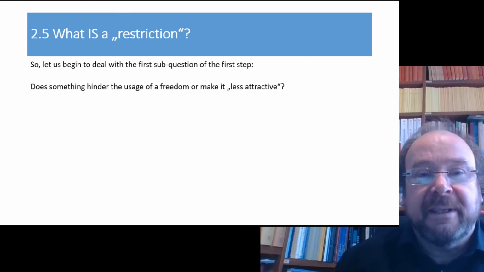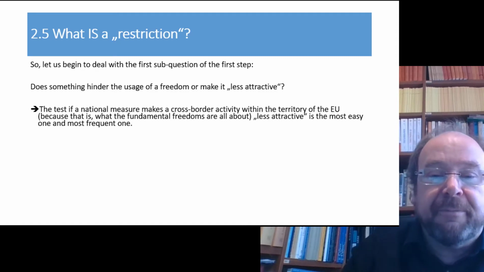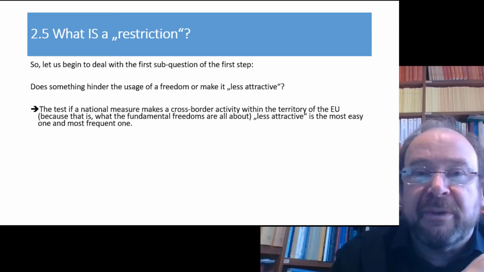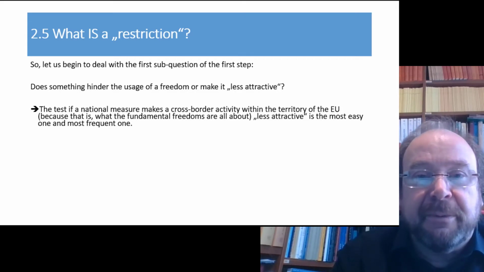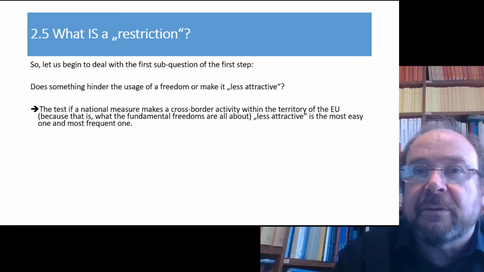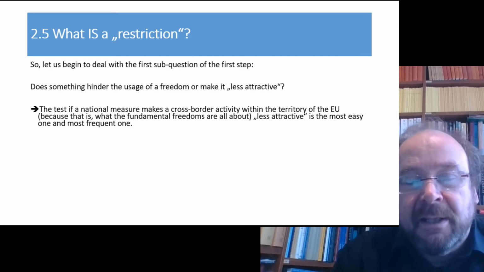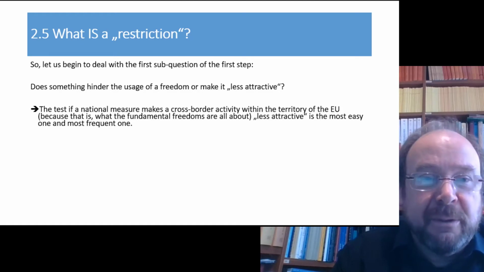Good. So, does something hinder the usage of a freedom or make it less attractive? The problem of the less attractive test is you need a comparison. So, with what will you compare? You could say, in principle, we compare with the state of the matter if that rule were not existing. That would be relatively harsh, because nearly every duty which you impose on somebody would then be less attractive than if the duty were not existing.